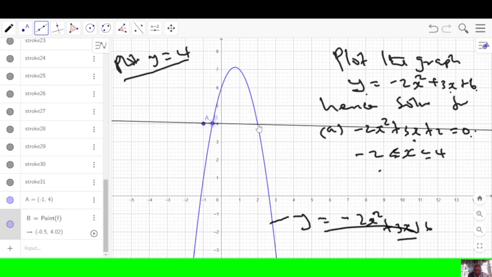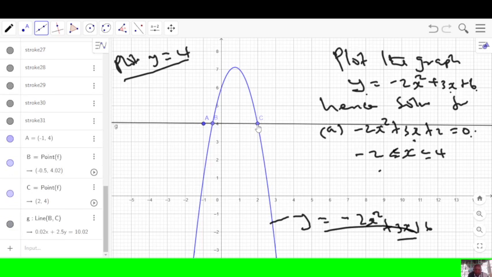Notice from this graph that at point B, the value of x is negative 0.5, as you can see here, and at point C the value of x is 2.